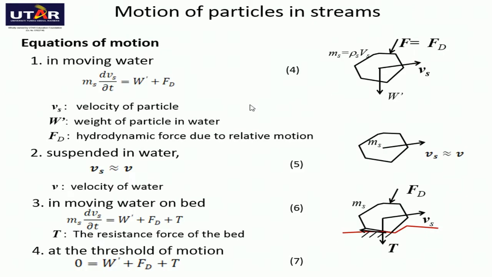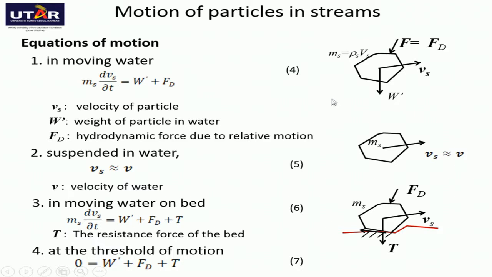We now consider the motion of sediment particles in moving streams flowing on a rigid bed. The equation of motion of a solid particle in water without getting in contact with the bed is given by the equation with the gravitational force and the fluid force, or the weight in water and hydrodynamic force, like in equation 4.